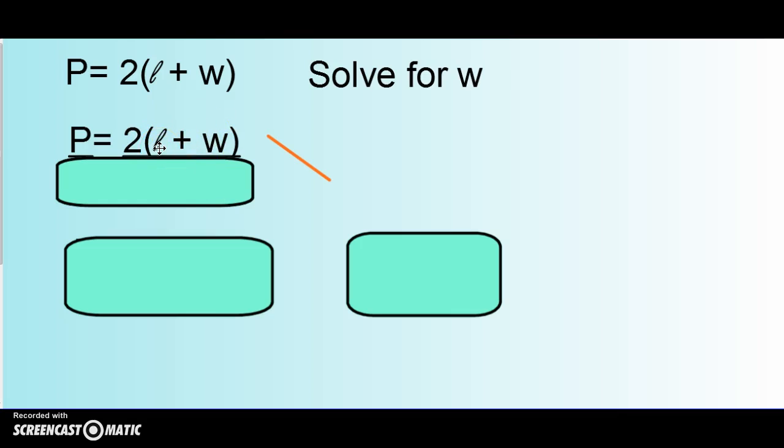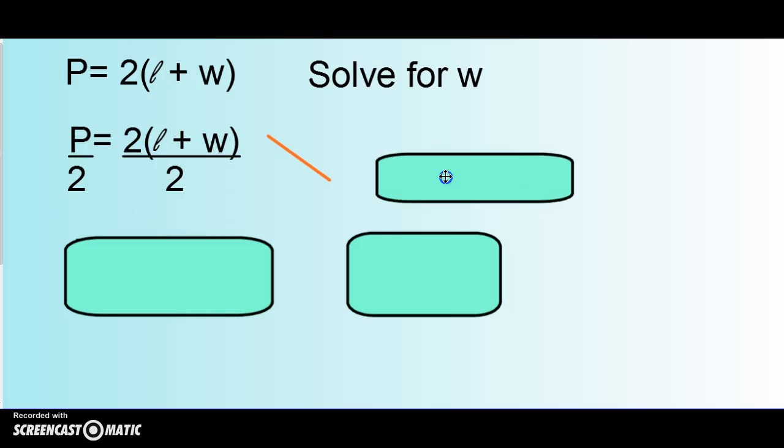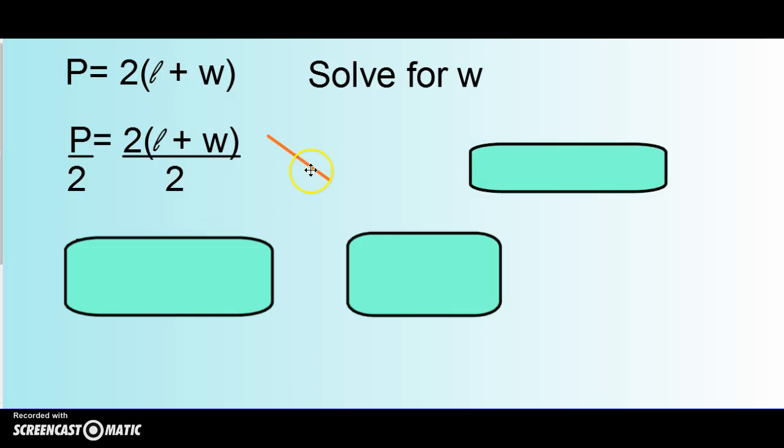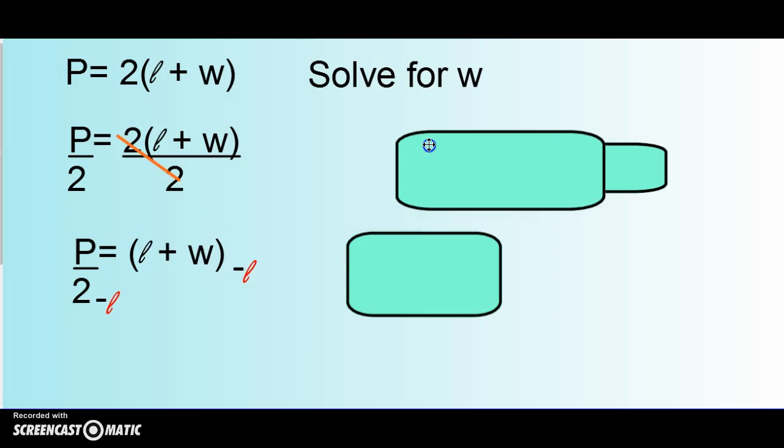So we're actually doing opposite of PEMDAS and dividing by 2 so that we can get the length plus width alone. So on this side, 2 over 2 becomes a 1. So perimeter divided by 2 is left on the right, equals length plus width.